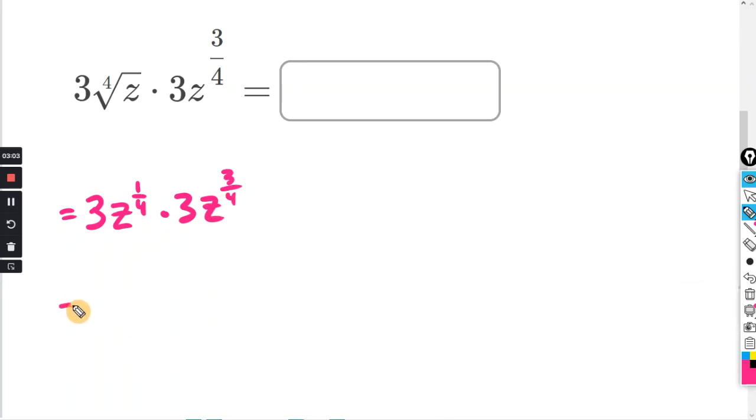So 3 times 3 is just 9. And we're left with z to the 1/4 times z to the 3/4. Since we have the same variable, z times z, all we have to do is add the exponents. So the exponent on z is going to be 1/4 plus 3/4.